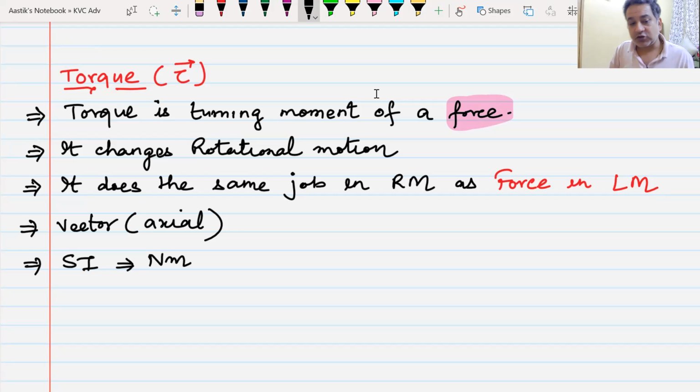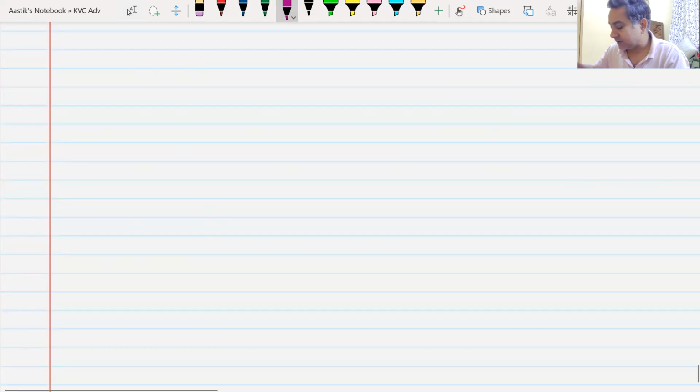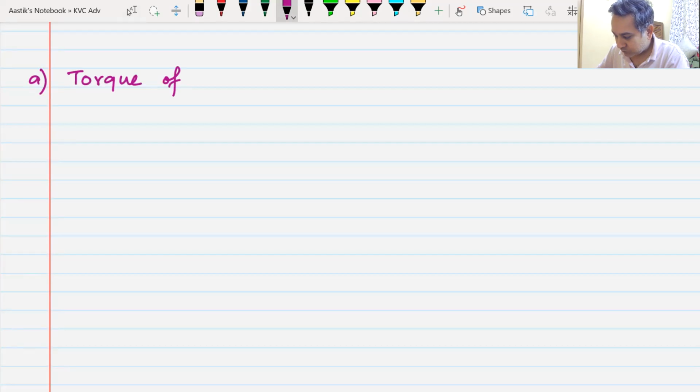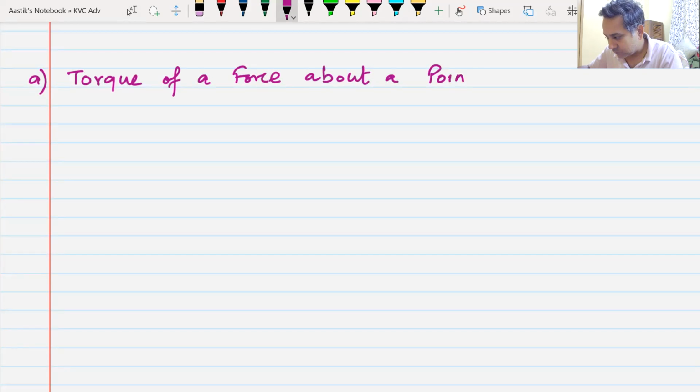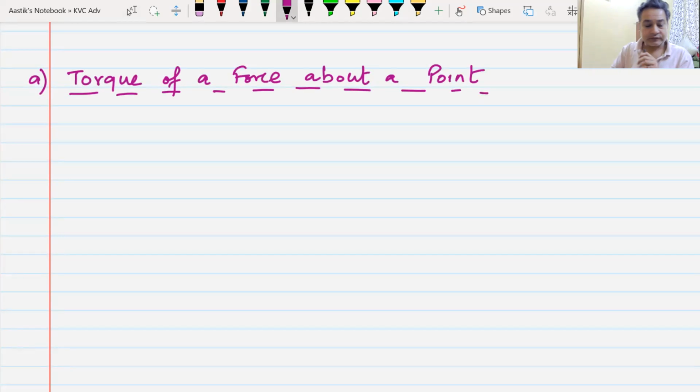Now, when we talk about torque, there are two types of things that are sometimes asked. Sometimes they ask you torque of a force. Torque is produced by a force. I will write it: torque of a force about a point is the next heading. I'll write it here, otherwise you will forget it again. And look at my face.